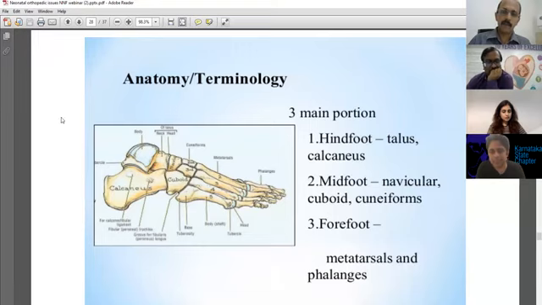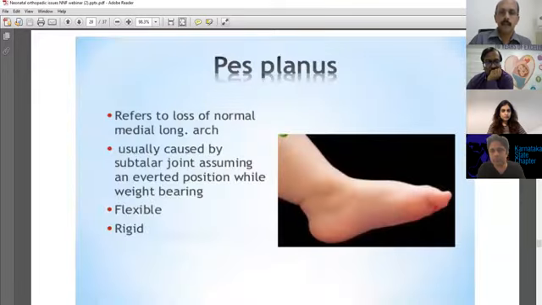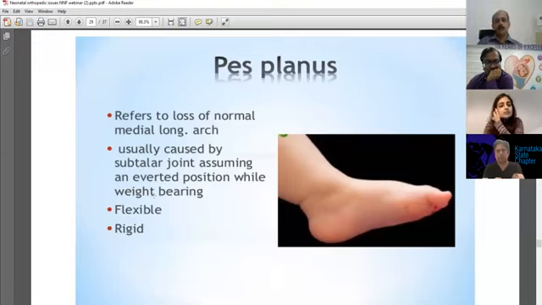But this is a deformity which has to be corrected. The main thing is to differentiate this from a flat foot. If a flat foot is rigid and not flexible, then congenital vertical talus has to be thought of. How do you say it's rigid or flexible? In a pes planus you can plantar flex the baby's foot for more than 20 degrees. If you cannot plantar flex the foot for more than 20 degrees, then you suspect congenital vertical talus and refer to an orthopedician.